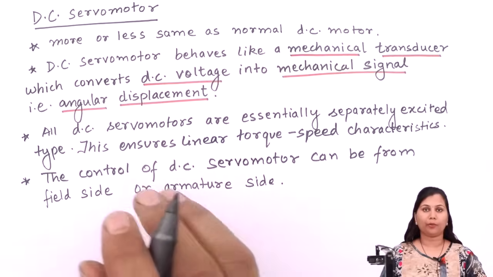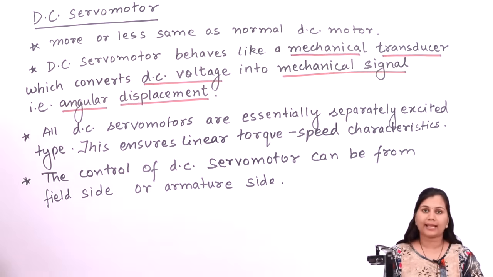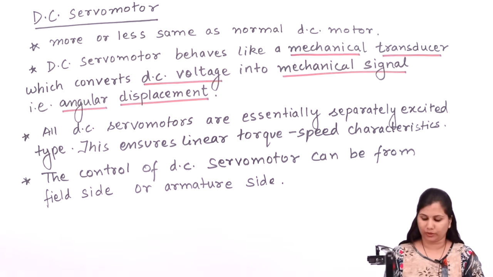And depending upon this control, the DC servo motors are classified as either field controlled DC servo motors or armature controlled DC servo motors.